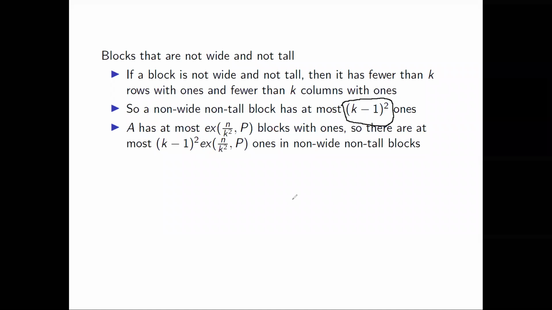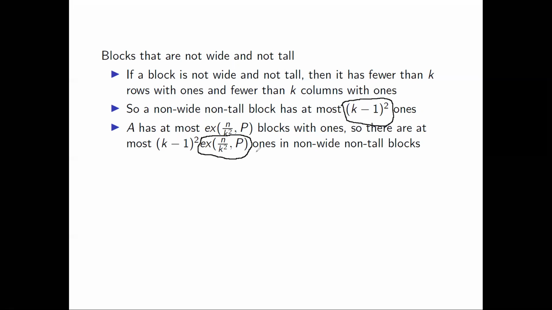So if we want to count the number of ones in blocks that are non-wide and non-tall, we can just take the total number of blocks that have any ones. And we saw on an earlier slide in this video that the total number of blocks with any ones is at most ex(n over k squared, P), because the total number of blocks with any ones in A is the same as the number of ones in the matrix B that we obtained from A.